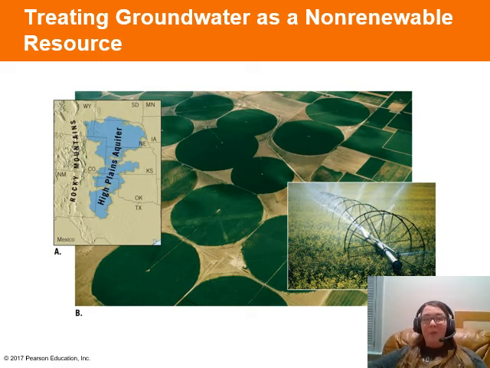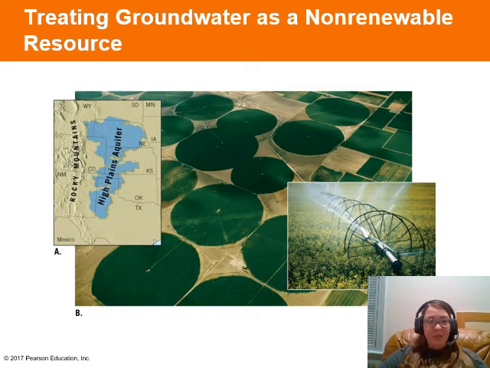And we know that water inside of our air is very easily evaporated. It's going to change from liquid water into a gas form of water very quickly. So our current ways that we irrigate our crops are not very efficient. While we put a lot of water out, only a small amount of water is actually going to be absorbed by those crops.